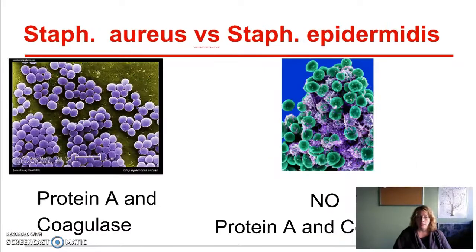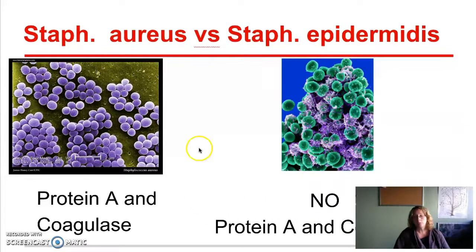It's important to know if you are dealing with a Staphylococcus aureus based infection. There's this really nice thing that Staphylococcus aureus is what has the protein A and the free and bound coagulase, and Staphylococcus epidermidis does not have protein A and does not have coagulase.